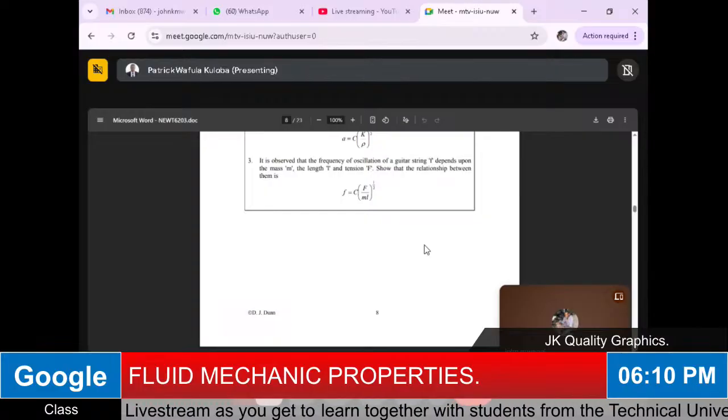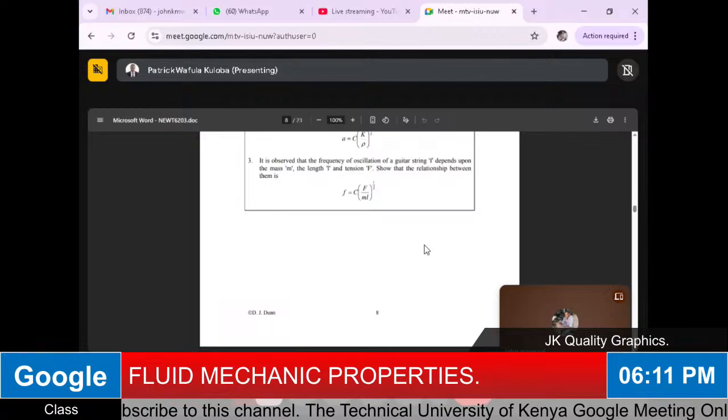In this case, we have more than 3 variables. So, the dimensionless numbers.